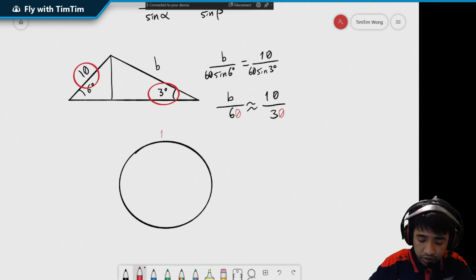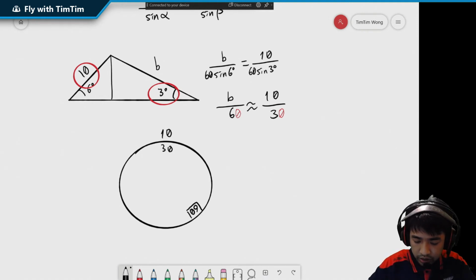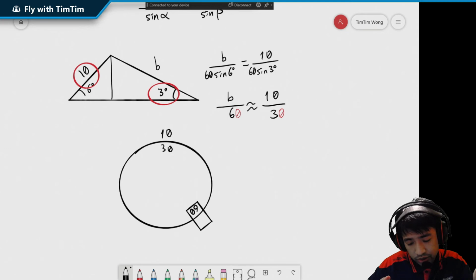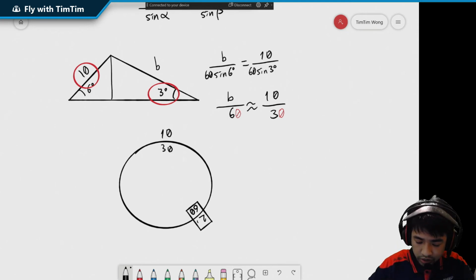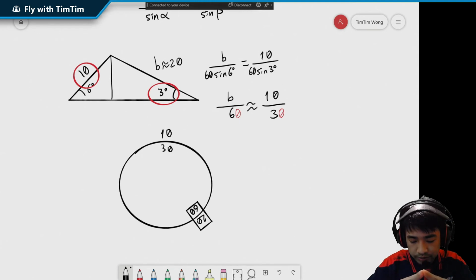So outside scale 10, inside scale 30. And then we find black 60 and read that number. That's the answer. What is that? 20. Great. So B is approximately 20. That's it.